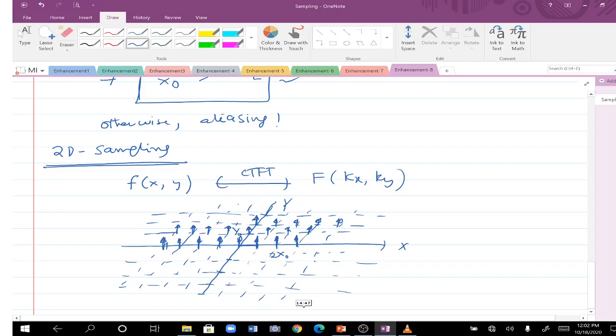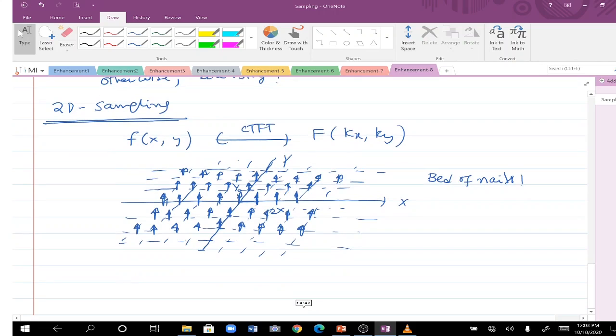And of course you have to do similar stuff for negative values of x and y. For negative values of y as well, we have to take these samples. So this should look something like this. So what you have here is a bed of nails, right?